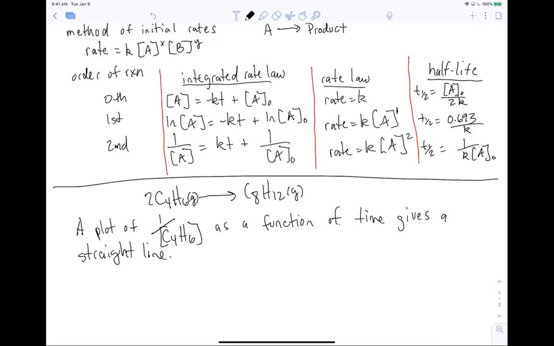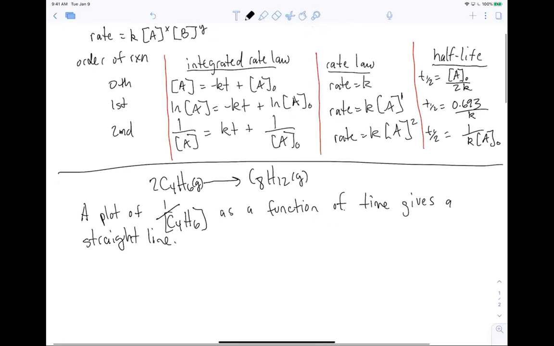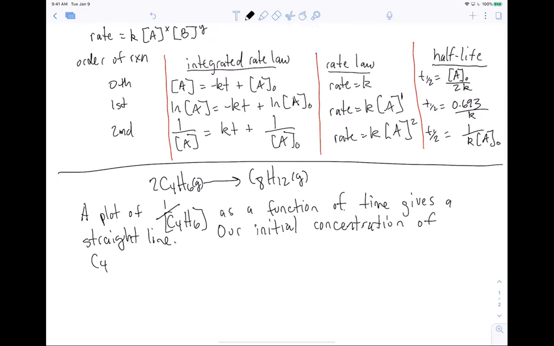Let's say our initial concentration of C4H6 is 0.01 mole per liter.